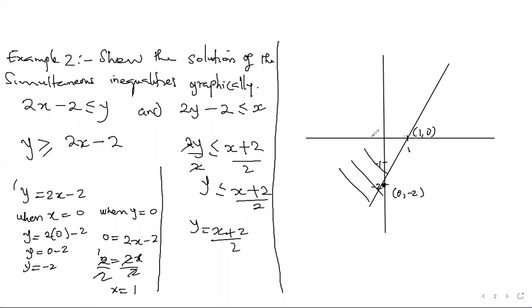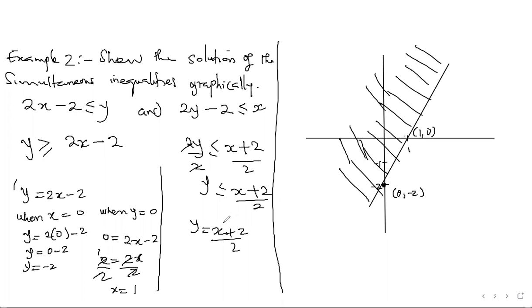For any value of x that I choose, my value of y will be greater than minus 2, basically. Which means if I put x as 1 here, y will be 0, so I'm going up. If I put x as 2 here, y will be 2. I keep going up. So this is the solution for that part.